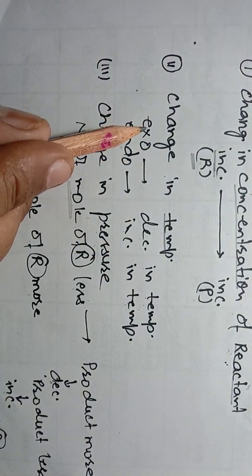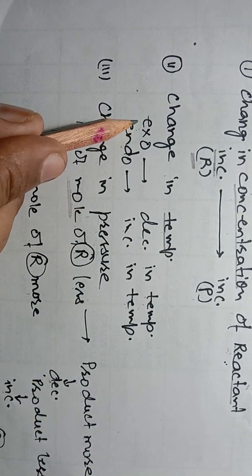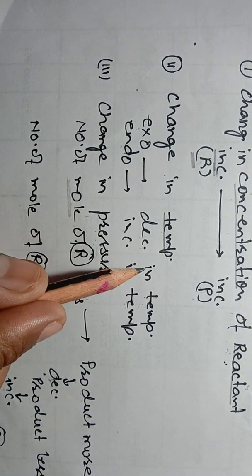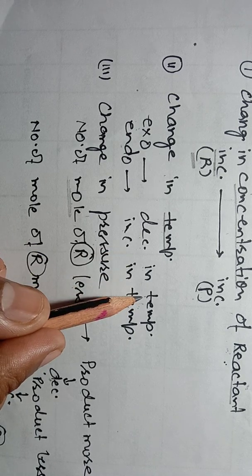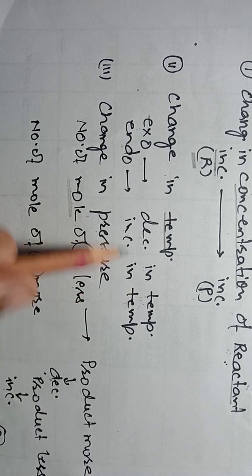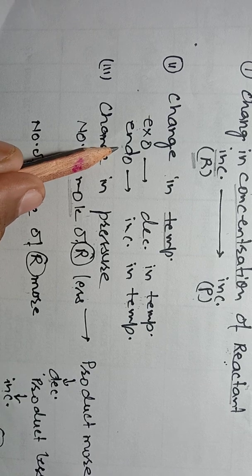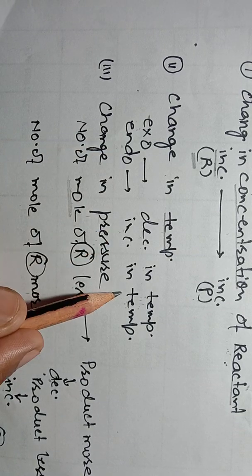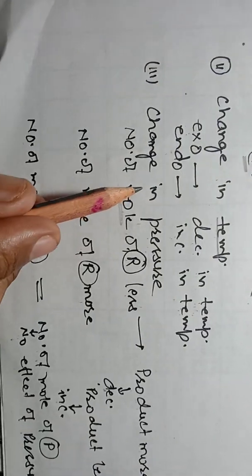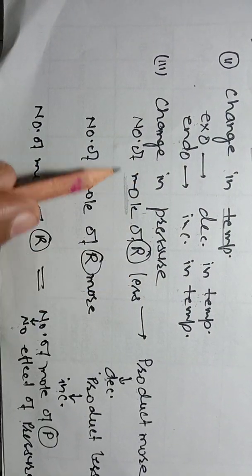The second point is change in temperature. If the given reaction is exothermic in nature, then you will decrease the temperature, as a decrease in temperature will be the favorable condition. If the reaction is endothermic, then the favorable condition will be an increase in temperature. The last point is change in pressure.